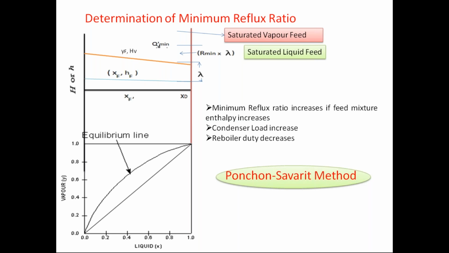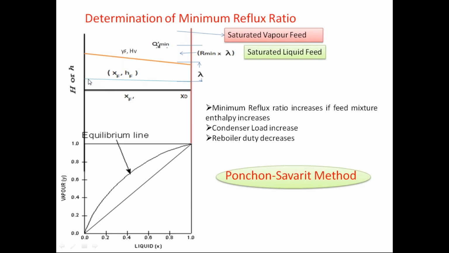Usually here you can see the top one is the enthalpy concentration diagram, which can be drawn by using enthalpy values of a given liquid mixture, as well as the vapor mixture.